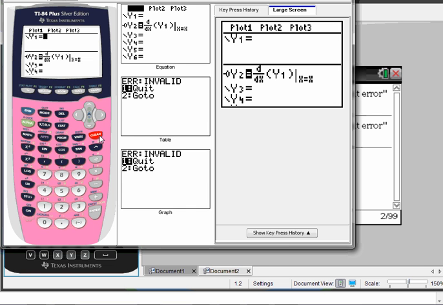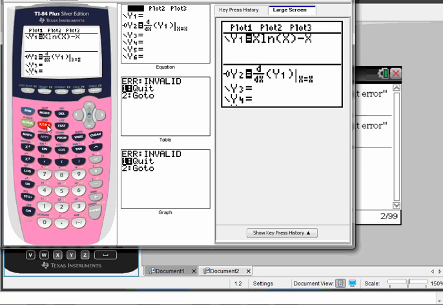Okay, so x log x, should have just done it this way in the beginning. Is that log? Nope. Where's the ln? Oh, there it is. Oh, look at that. I already have my derivative set to go.